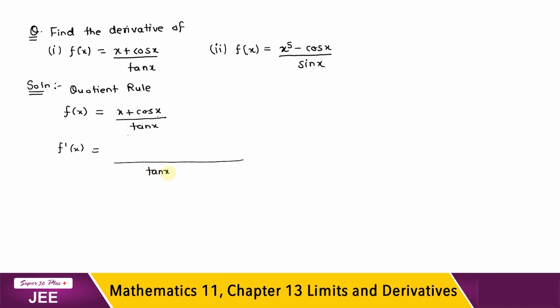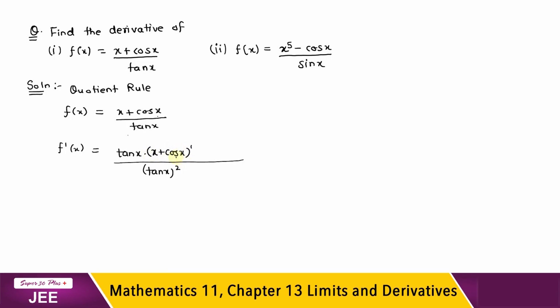So in the denominator we are going to have tan x square, and in the numerator we are going to write the denominator function as it is, that is tan x, multiplied by the derivative of the numerator, which is x plus cos x dash.